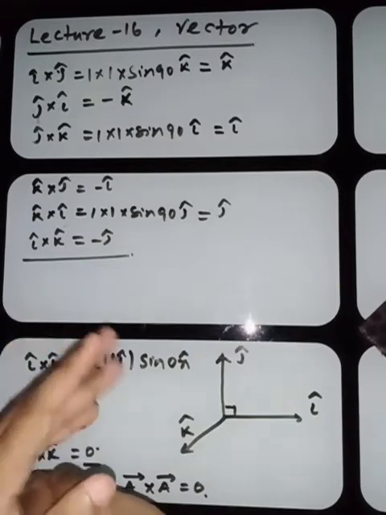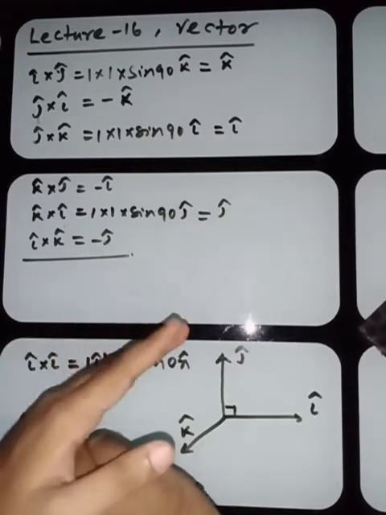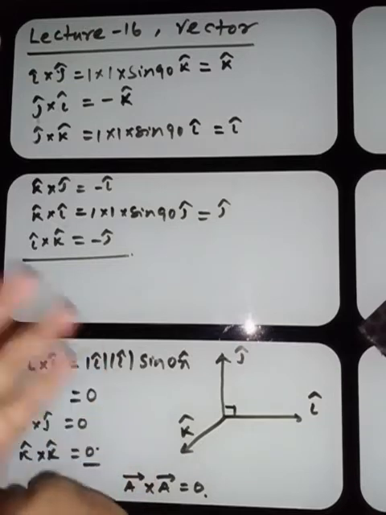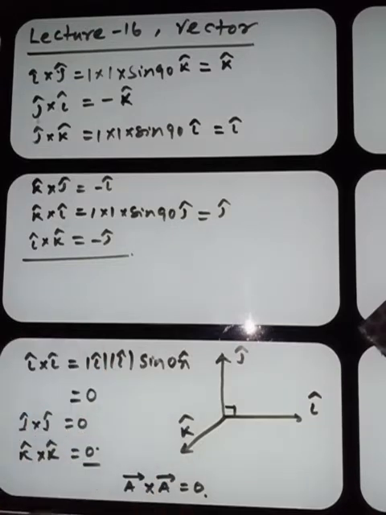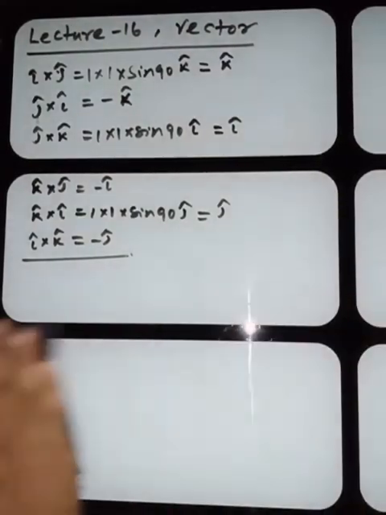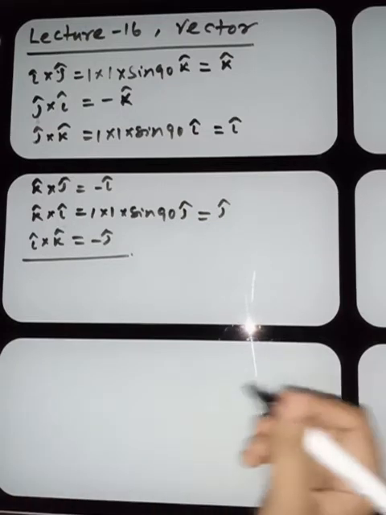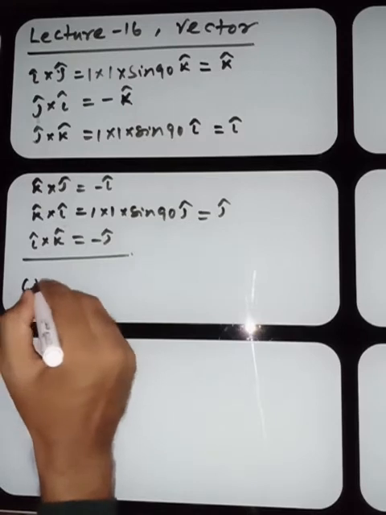Alright, but our final aim is to jump over to the mathematical way to find this cross product, and that will be the determinant method. Okay, let me wrap this one up. And what is the circular method or the circle method to find this cross product?